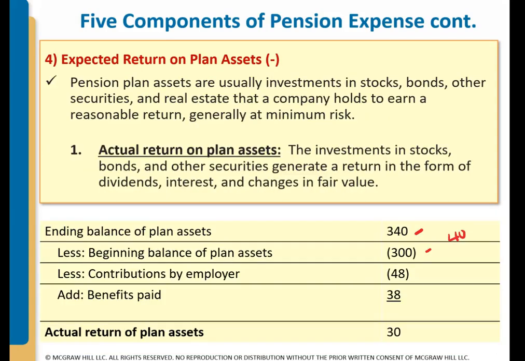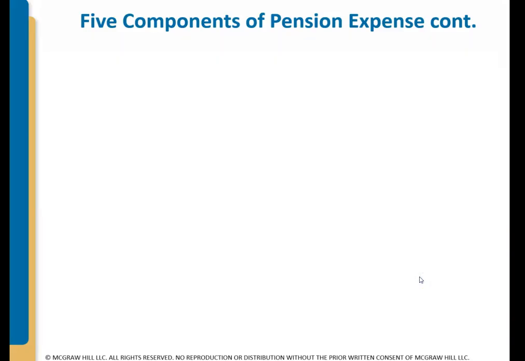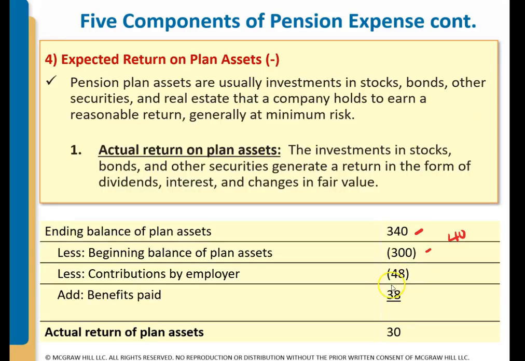But when you look at that change between the beginning and the ending, you can't just say, oh, this full $40 million is the return on my plan assets, because there's other things that went into the plan. So you have to remove the contributions by the employer of $48 million and add in the benefits paid.